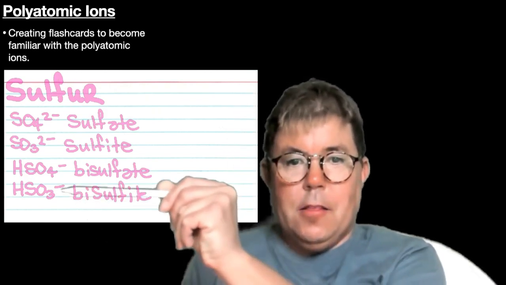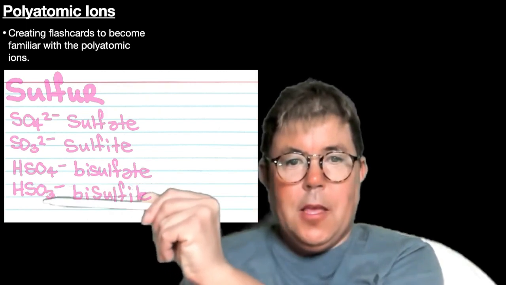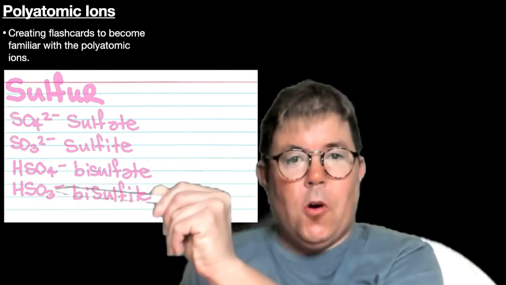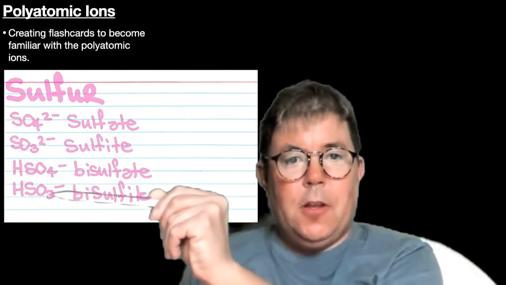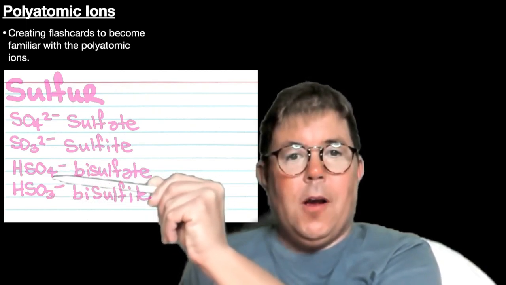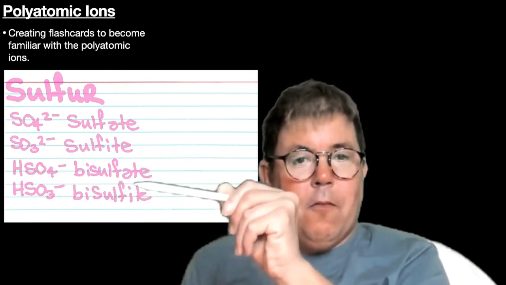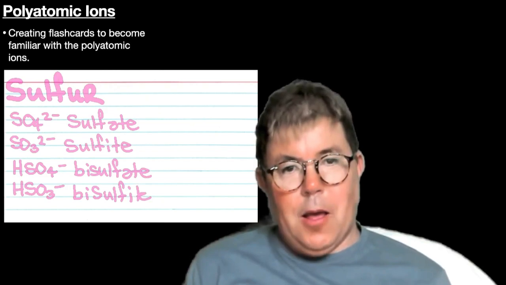Again, the H is bi, now just a negative 1 charge, and because we have 3 oxygen instead of the 4 oxygen, it becomes bisulfite instead of bisulfate.